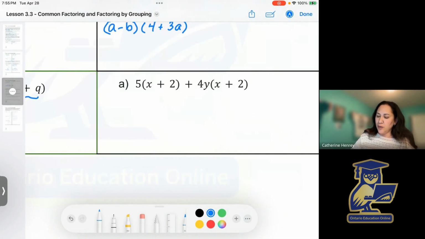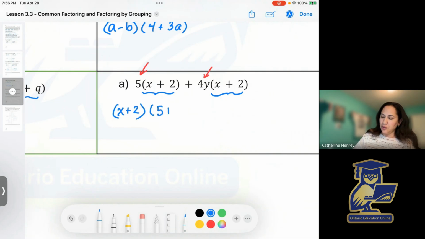Next example, we have (x plus 2) and (x plus 2). So I can factor out the x plus 2, and I'll have left the 5 here and the 4y here. So 5 plus 4y. So those are some examples of common factoring.